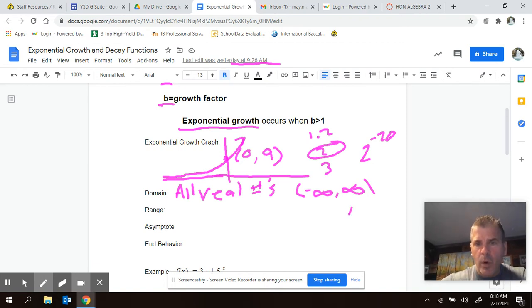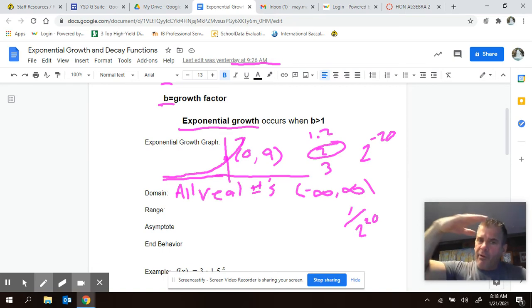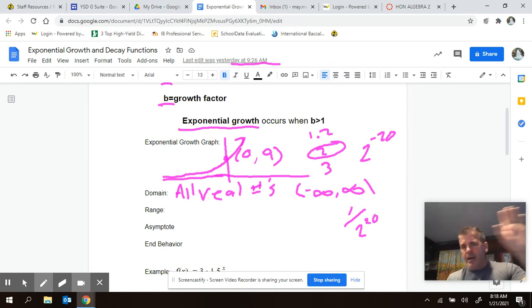That's a huge number on the bottom, but it makes a very small decimal. So that graph way out to the left is very, very close to the x-axis, or very close to an output value of 0.